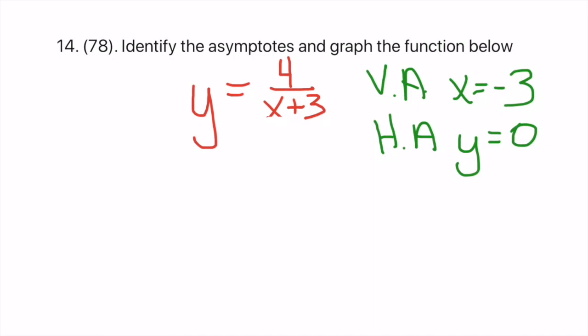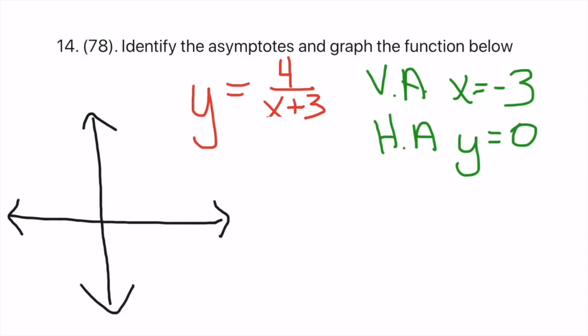So I'm going to go ahead and draw my graph and draw in the asymptotes. And you always draw those with a dotted line. So we have x at -3. So let's go to -3. And we're going to draw a dotted line right there.